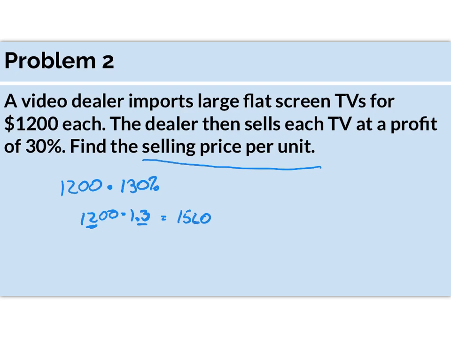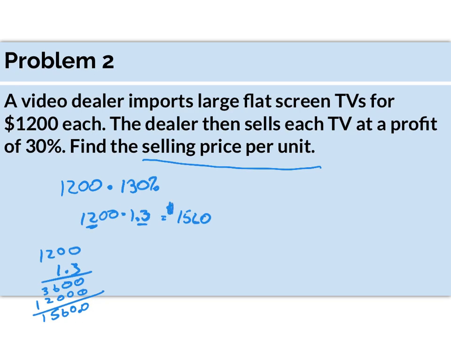And so let's do this the long way, because I'm just estimating here. Moving a decimal over one spot. There you go, 1560. That's our selling price per unit.